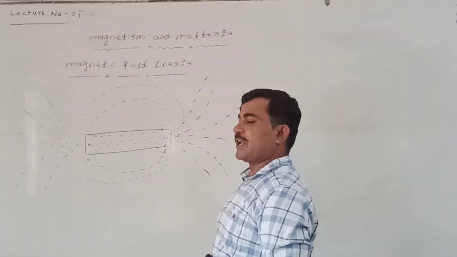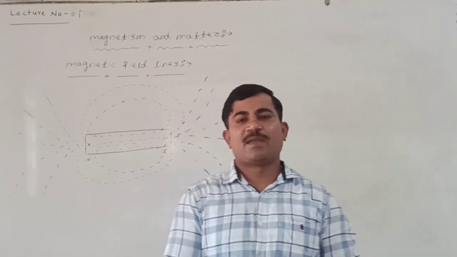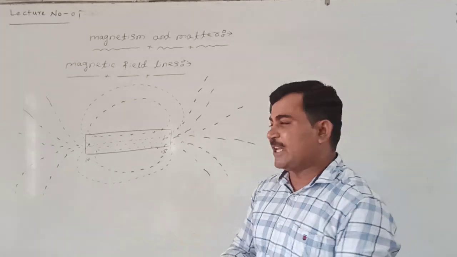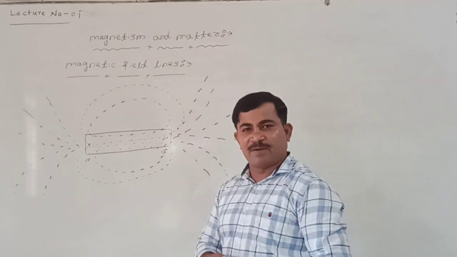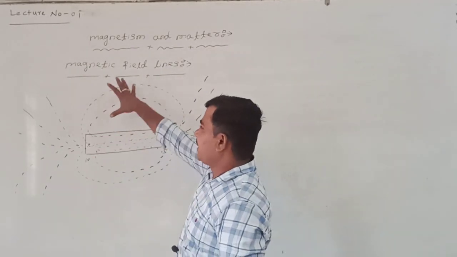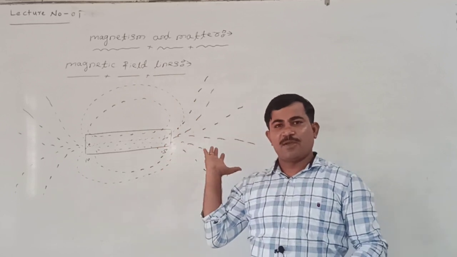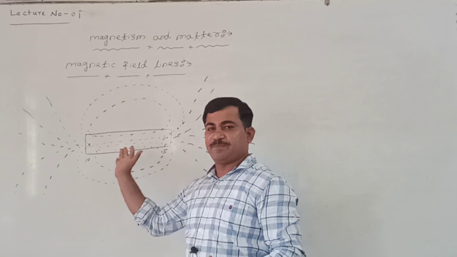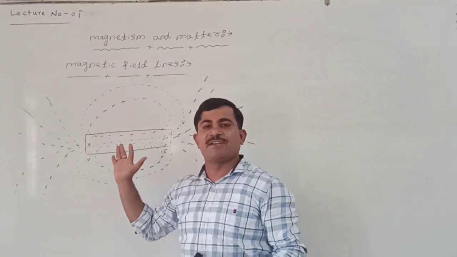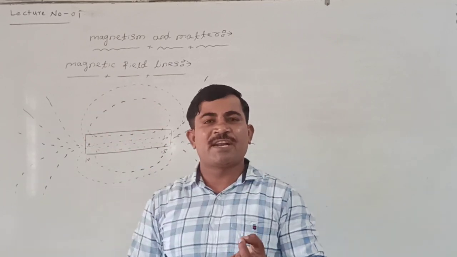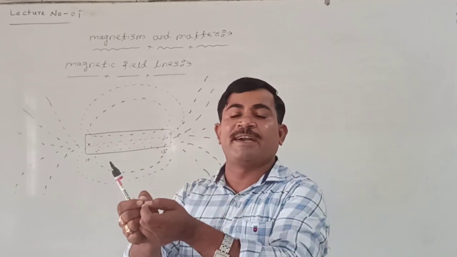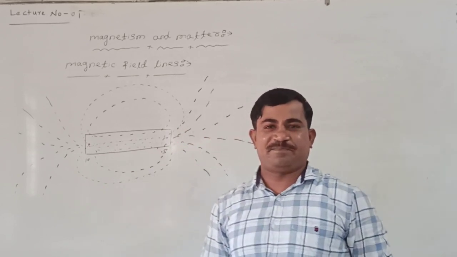If you take very small pieces of iron and spread them on the given bar magnet, they will arrange in a particular pattern. If we join all these imaginary lines, these imaginary lines indicate the pictorial representation of the magnetic field around a given bar magnet.